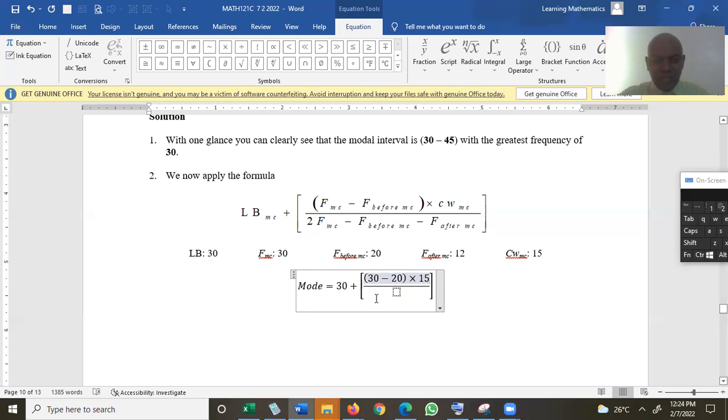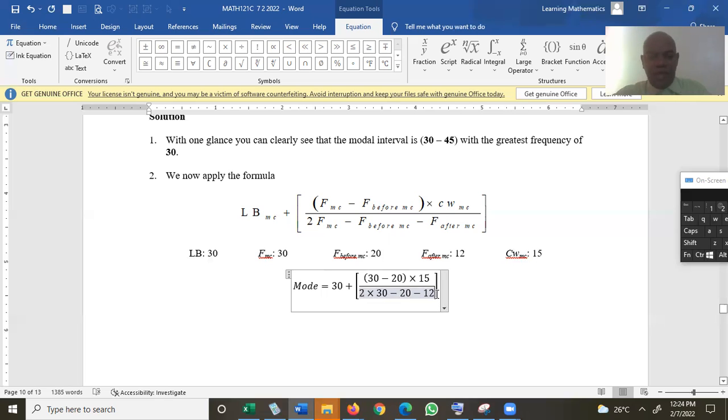Divided by 2 times the frequency of the modal class, 2 times 30, subtract the frequency before, which is 20, subtract the frequency after, which is 12.